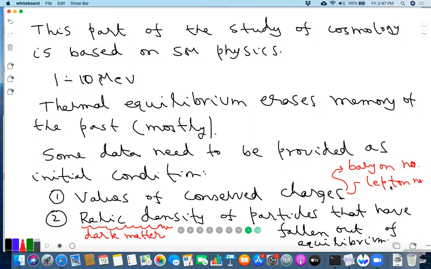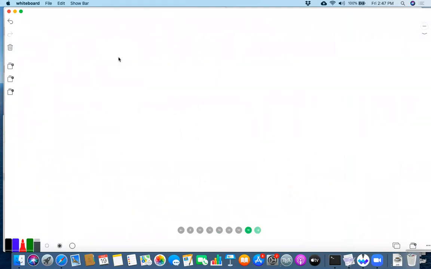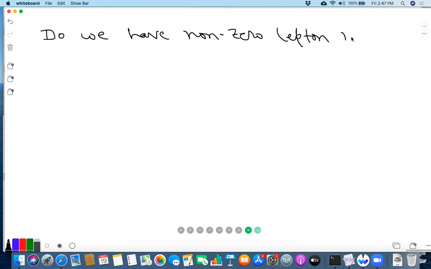Lepton number is conserved, of course, in this approximation, but the question is: do we have non-zero lepton number? Again, here the answer is that we don't know.